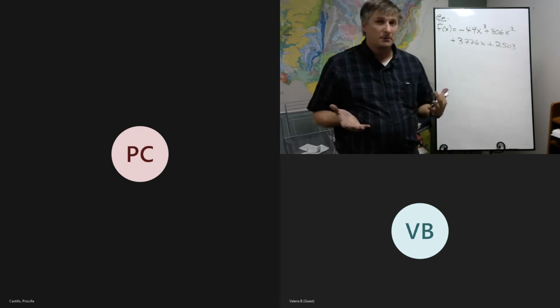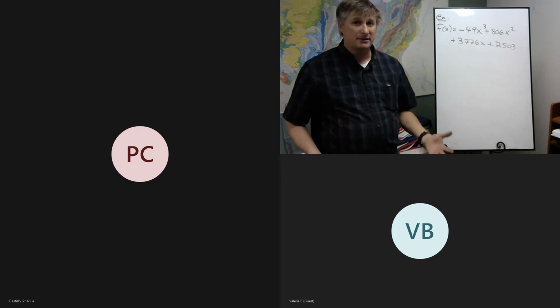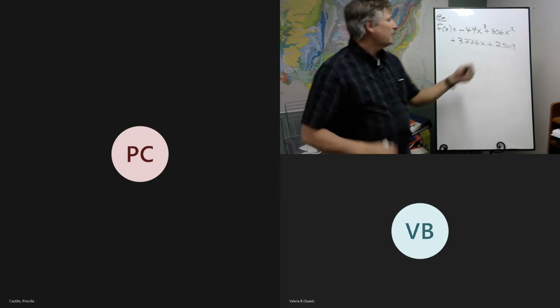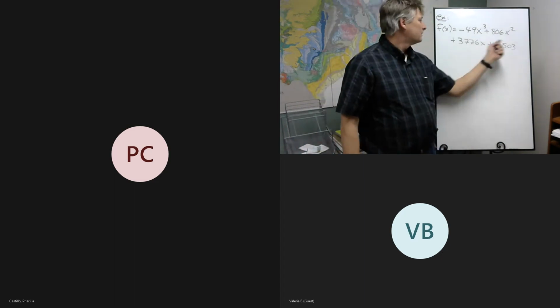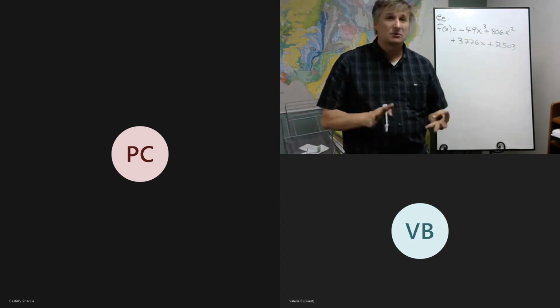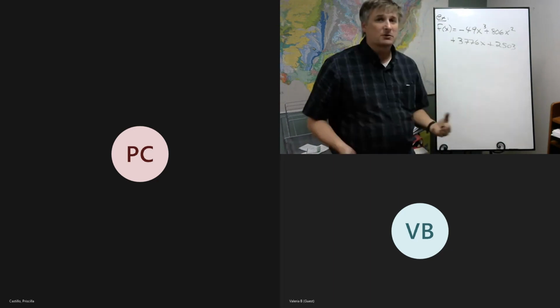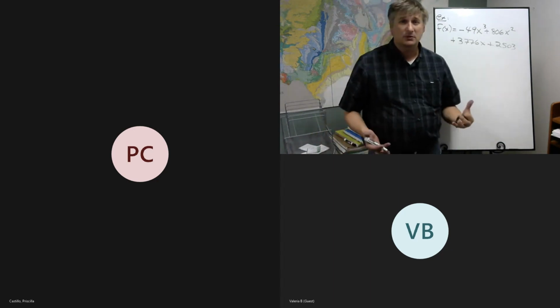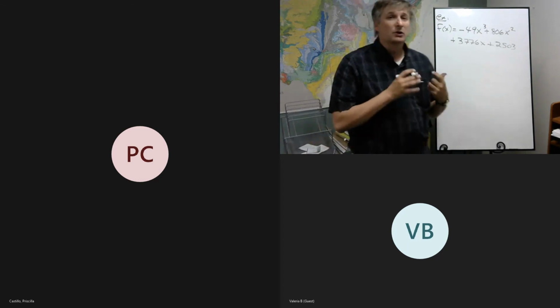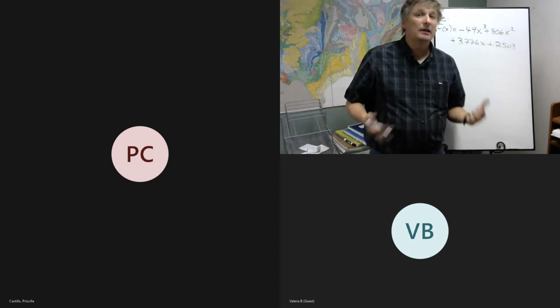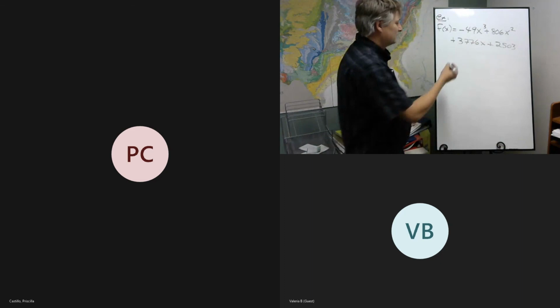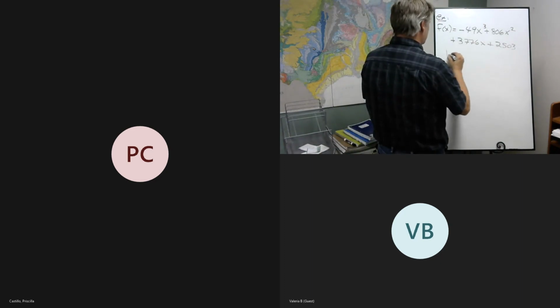We've got this polynomial. We want to identify the lead term. First off, it's already in standard position, so it's easy to identify the lead term, which will be the first term of the polynomial in standard position, or the term that has the highest degree in this polynomial.